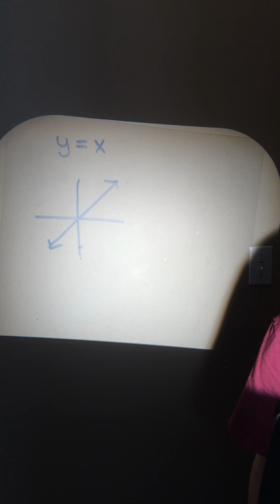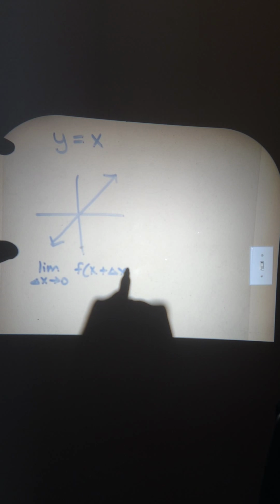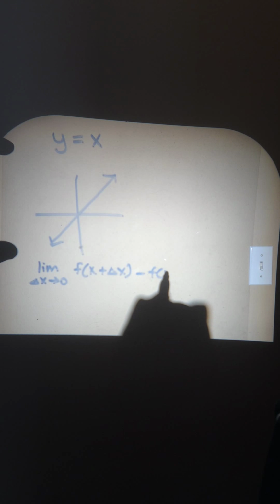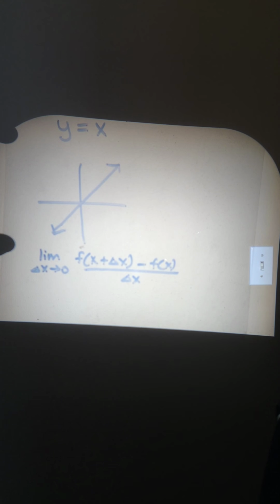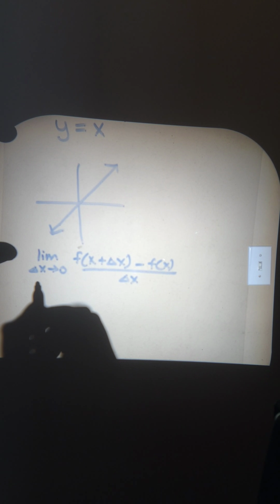So, you're going to always start off by writing the definition. So, the limit as delta x approaches 0 of f of x plus delta x minus f of x all over delta x. Okay. Next, we're going to plug in our function.